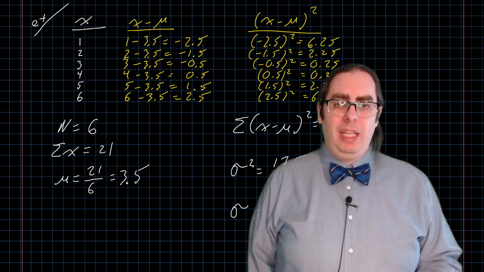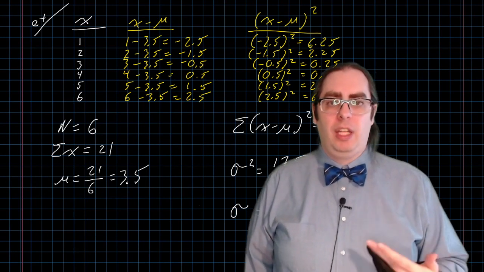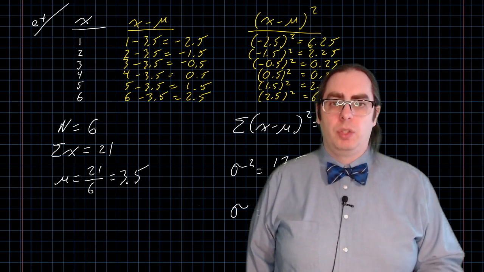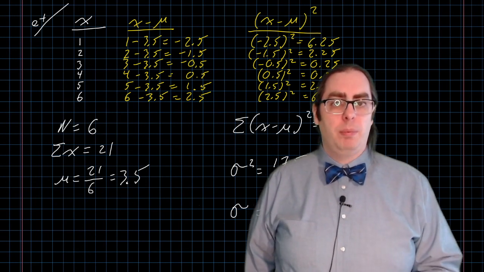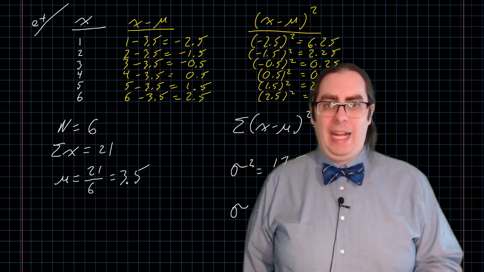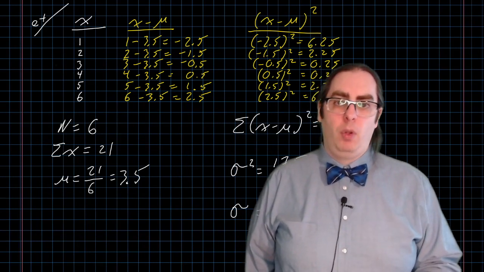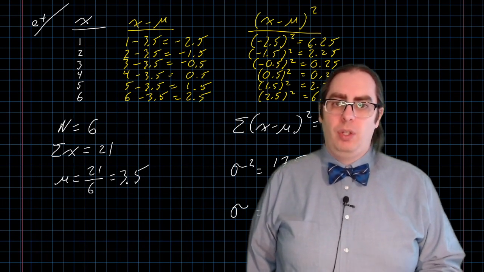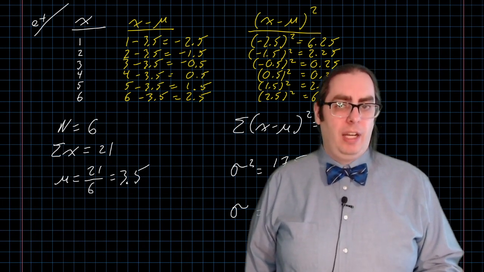And so if the standard deviation and the variance are trying to interpret how far data points are from the mean on average, a sample will underrepresent that value. And so there's a simple fix that has been introduced.